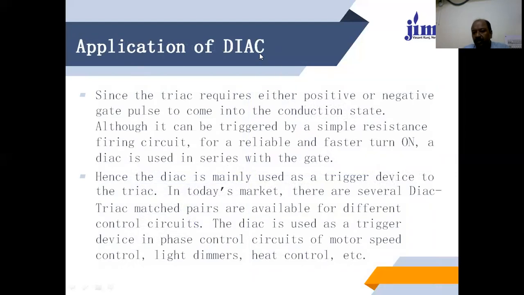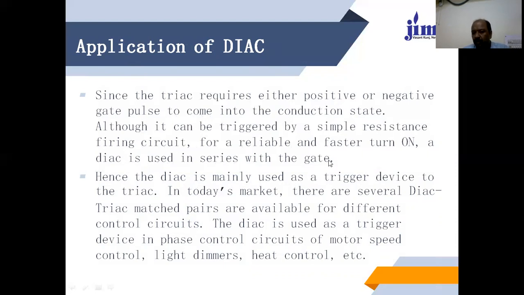Then the application of the diac. Since the triac requires either a positive or negative gate pulse to come into the conduction state, although it can be triggered by a simple resistance firing circuit, for a reliable and faster turn on, a diac is used in series with the gate.